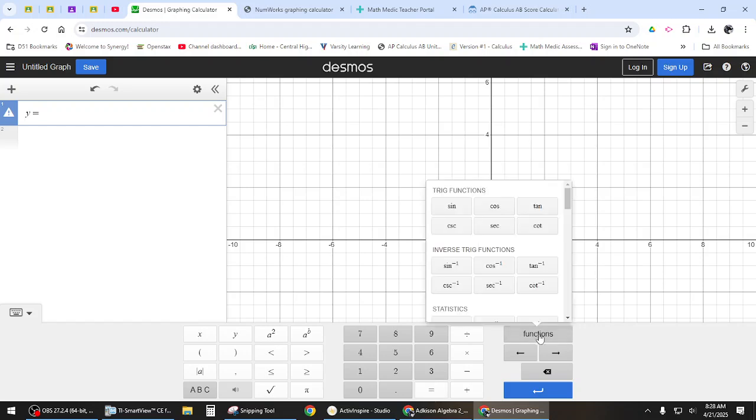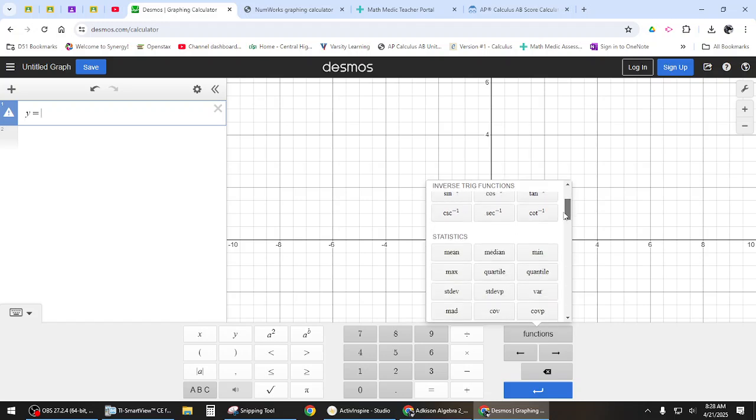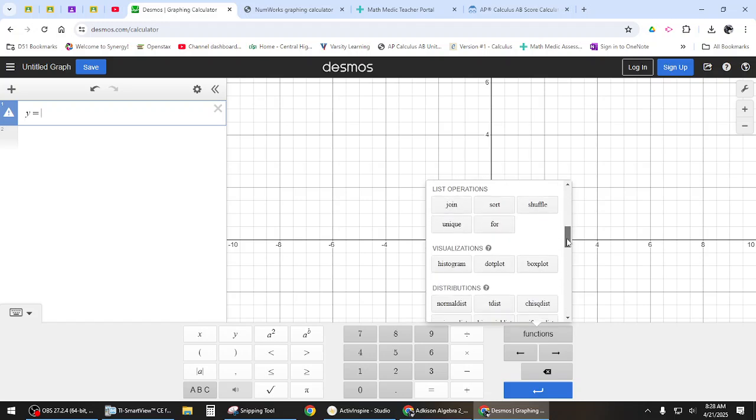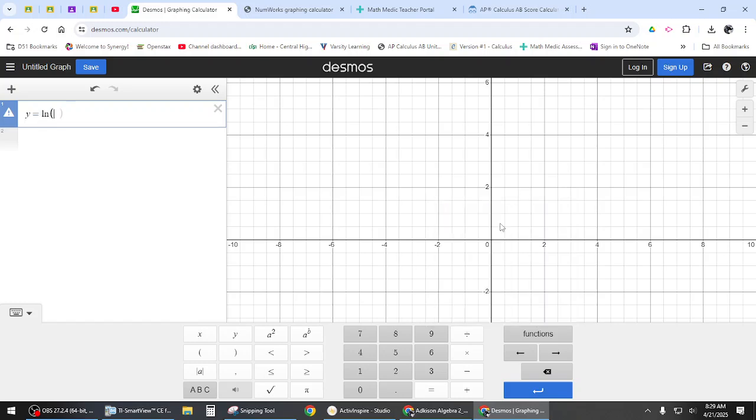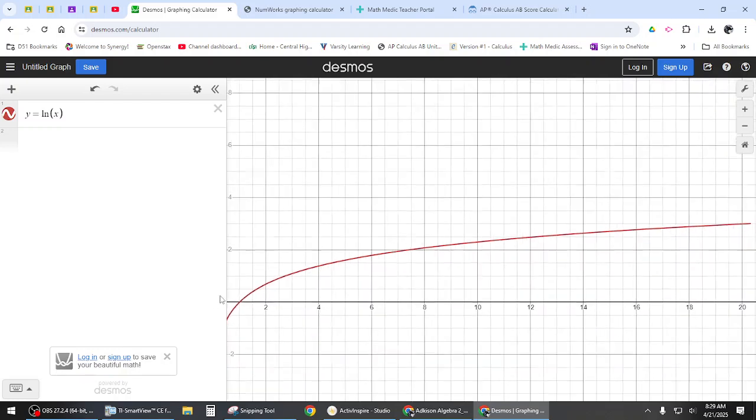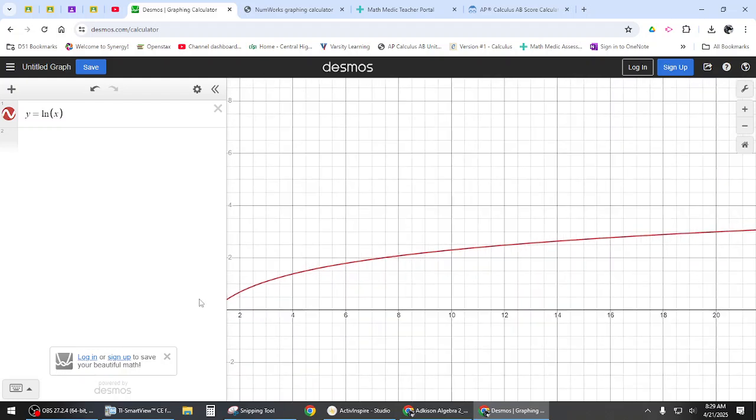By the way, if you graph it on Desmos, you have to dig in here for log, natural log. There it is. So see how it just keeps going up? Does it look like that, or does it look like it levels off?